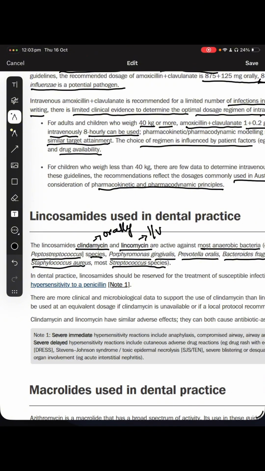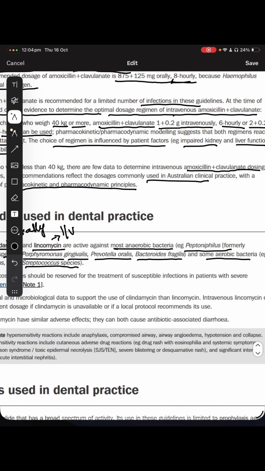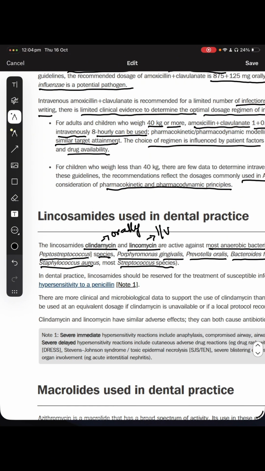In dental practice, lincosamides should be reserved for the treatment of susceptible infections in patients with severe hypersensitivity to a penicillin. Okay, so if the patient has a severe hypersensitivity to a penicillin, the most commonly given drug to those patients is clindamycin.